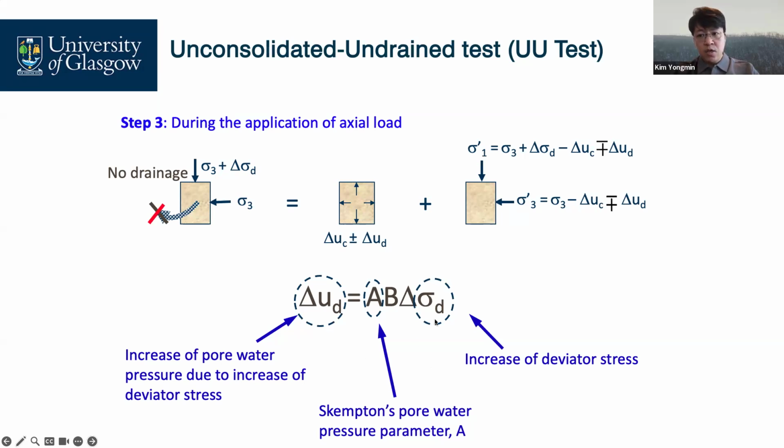And then your deviatoric stress increments. The ratio of these two variables is represented by capital A, Skempton's pore water pressure parameter.